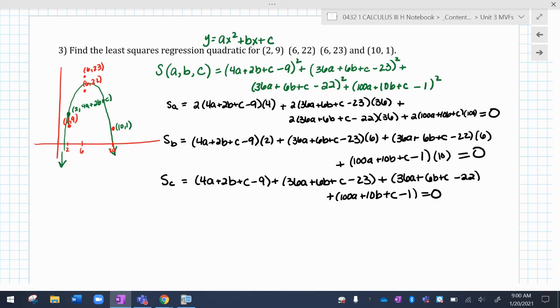If you want a least squares regression quadratic, what you need to know is that the format for a quadratic isn't y equals mx plus b. It's y equals ax squared plus bx plus c.